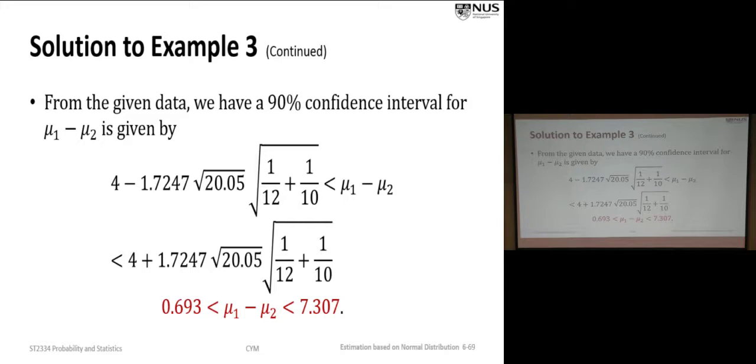Notice that the confidence interval for these two samples does not cover 0. So in other words, the data shows that mu1 minus mu2 is different from 0. Because it does not cover 0, we are quite confident that mu1 minus mu2 does not equal 0. And in fact, mu1 seems to be bigger than mu2.